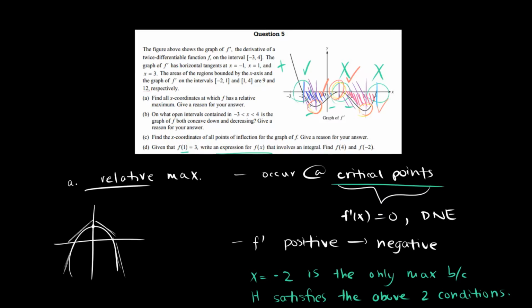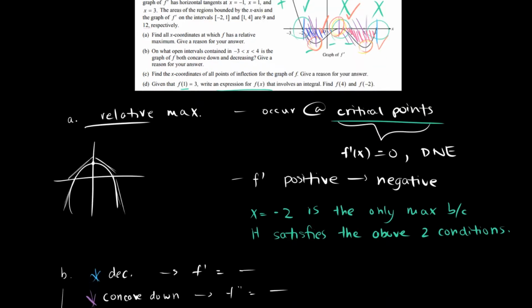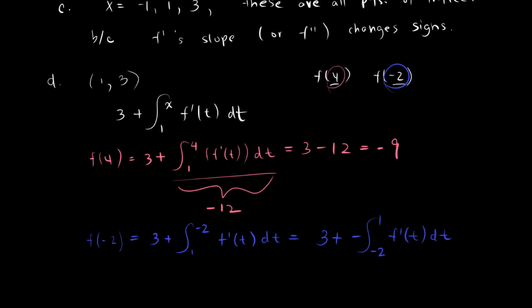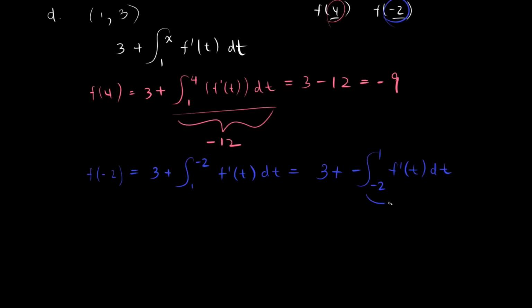So therefore, we can evaluate the integral here as -9. The negative of -9 is just +9, plus your initial condition 3 equals 12. So we can say that f of -2 is equal to 12.